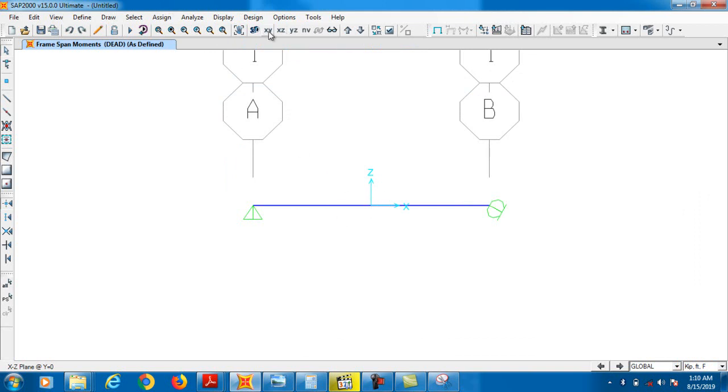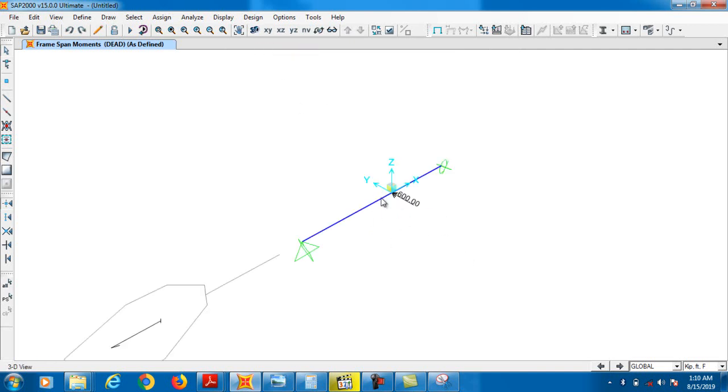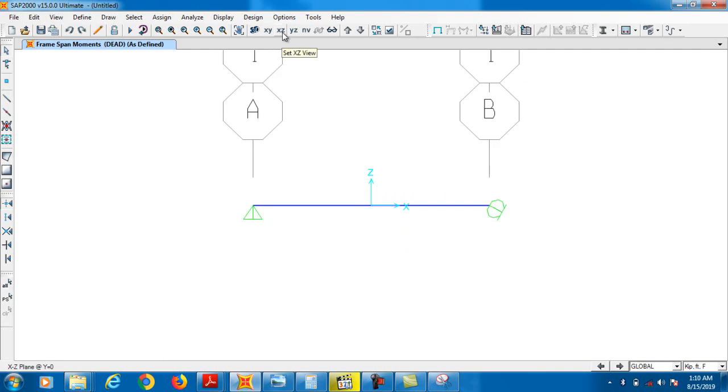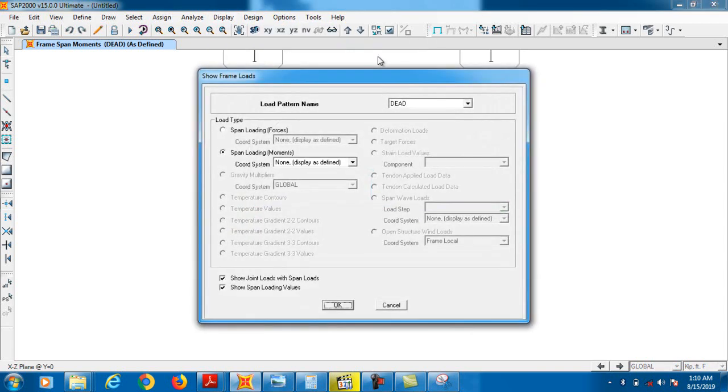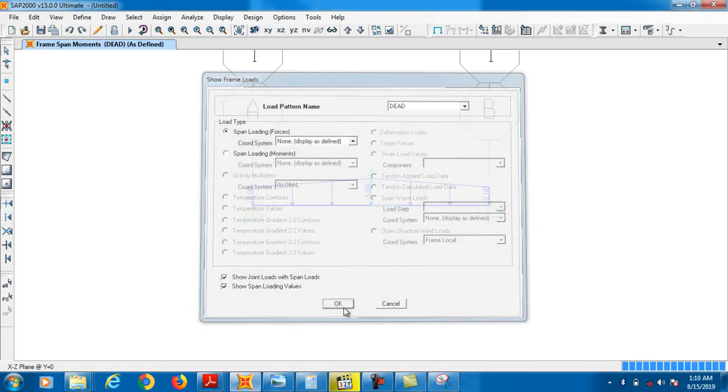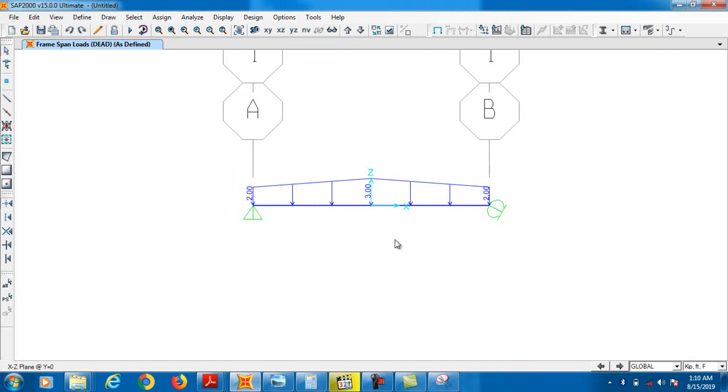In the XZ plane, XY plane or YZ plane you don't see the moment. To see the moment, you need to select 3D view, and this is the moment in this direction, so it is clockwise. Again XZ plane, and if you want to see your distributed load, select frame and select this option.